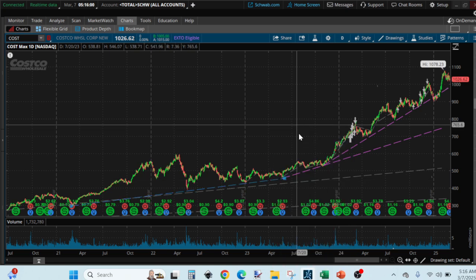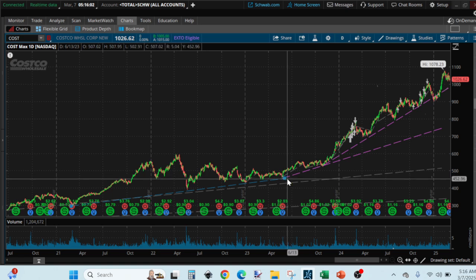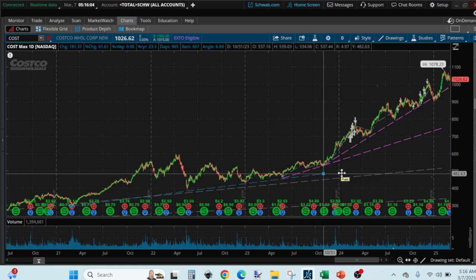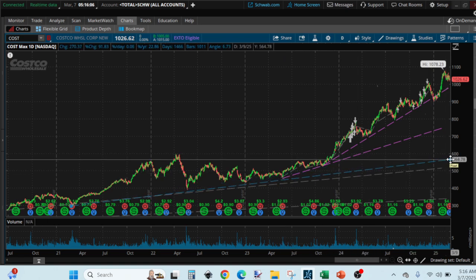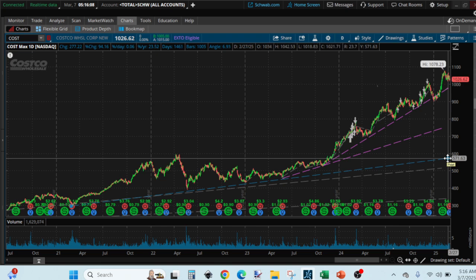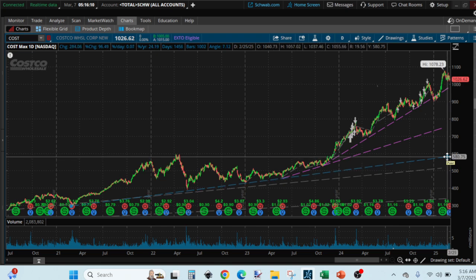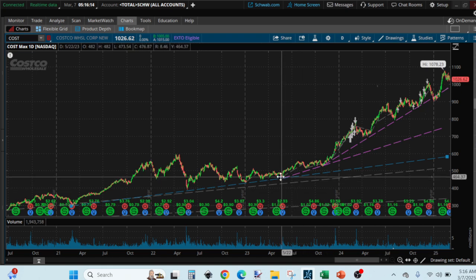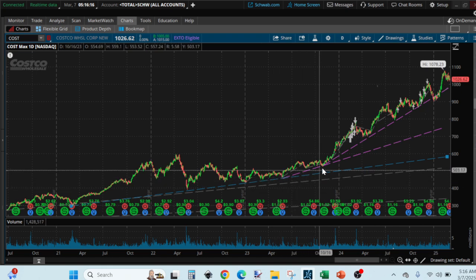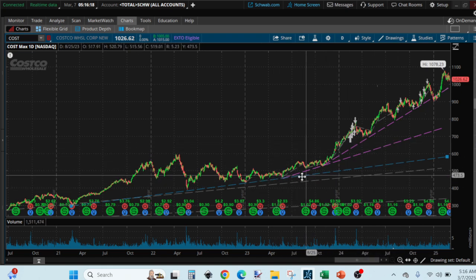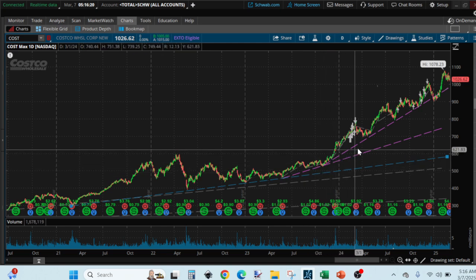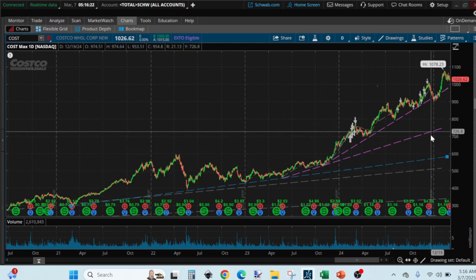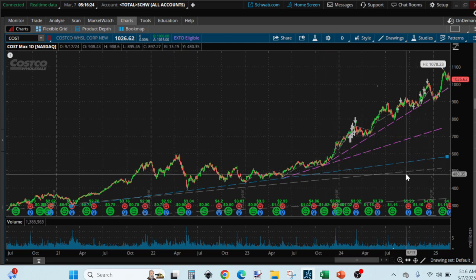If I extend it, it will follow somewhere between the two, but it blends in well with this one, and with this one as well. But we'll just keep observing it.